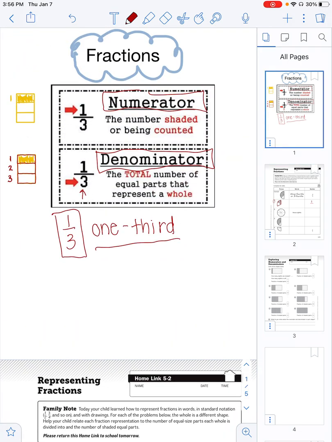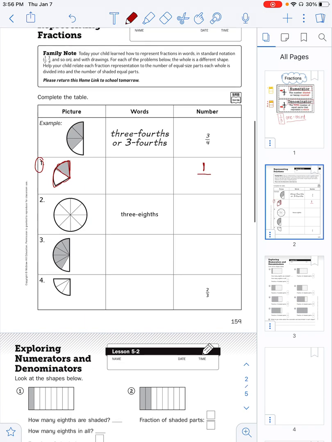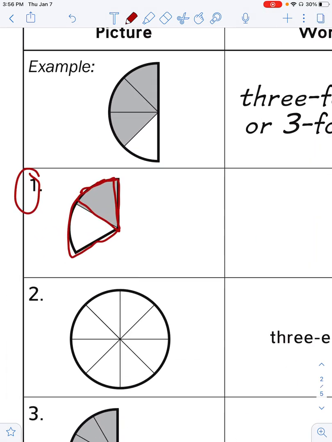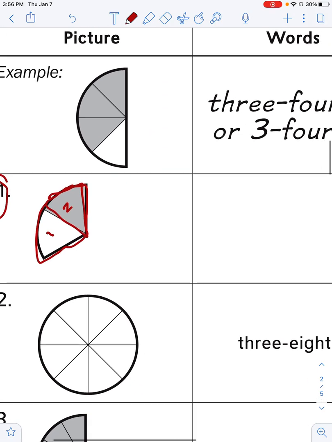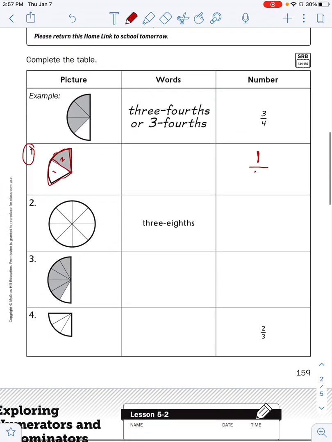The total number of equal parts that represent the whole. Okay, so I'm just going to count how many parts there are, or how many pieces there are. 1, 2. So that 2 goes in my denominator.